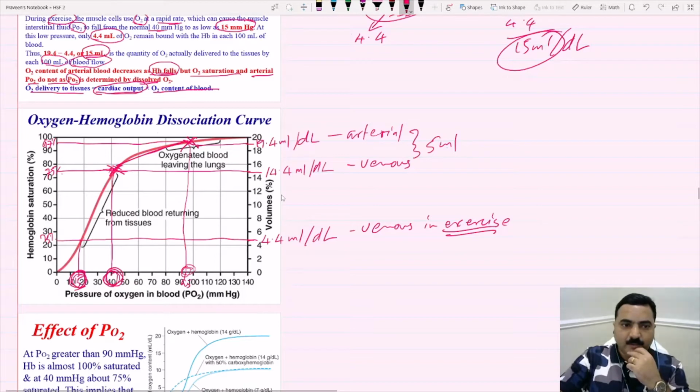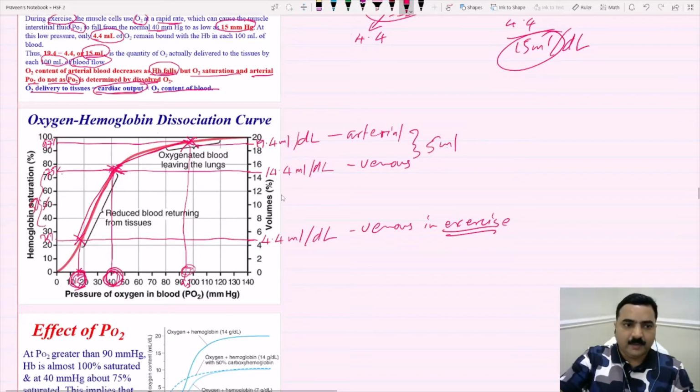But the second portion, which is the steep portion, runs from 75 percent saturation to 25 percent saturation, or from a partial pressure of 40 falling down to 15. You can see a huge fall, very much dissociation.